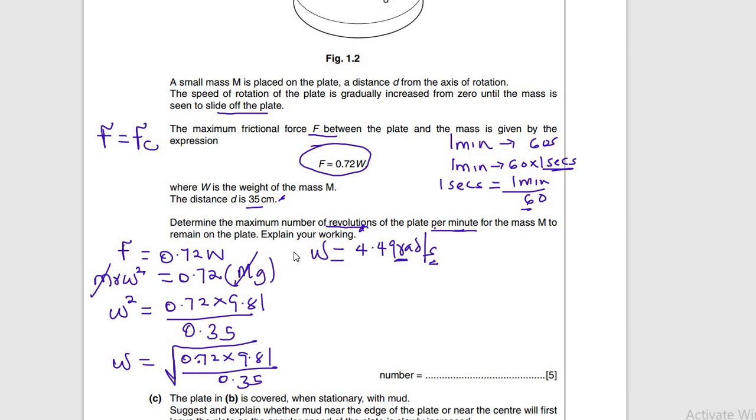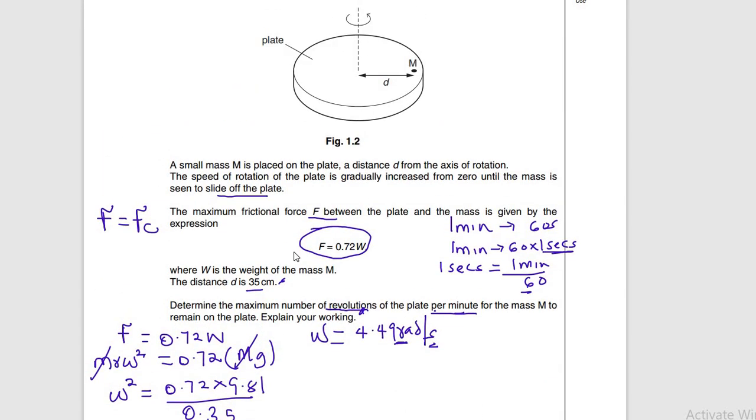Let me find a way to do it for revolutions. 1 revolution is 360 degrees, and that is 2π radians, which is the same thing as 2π times 1 radian.